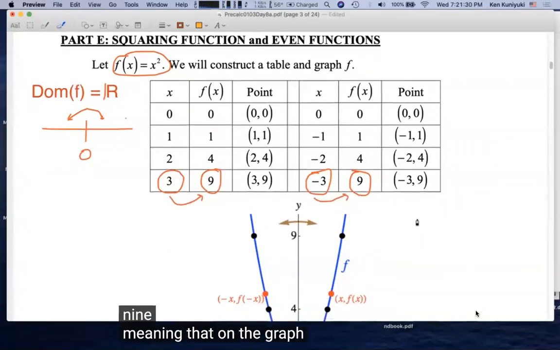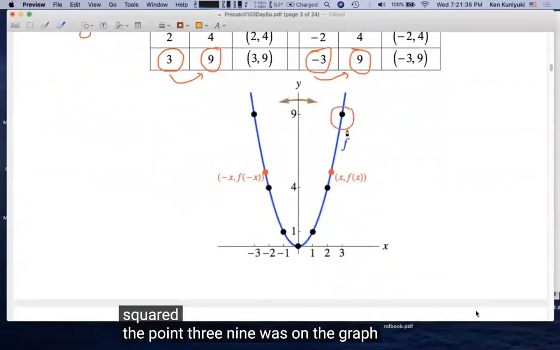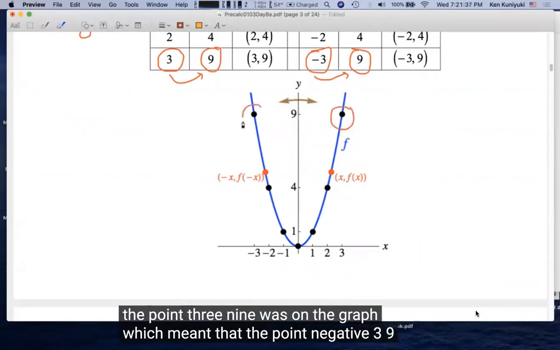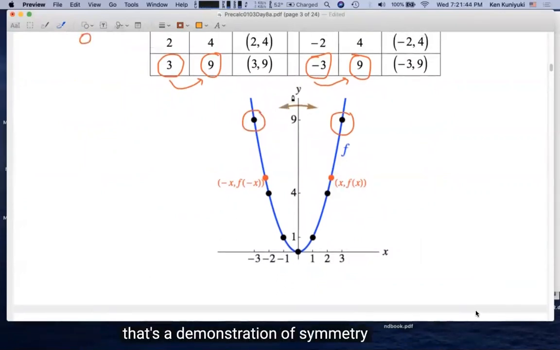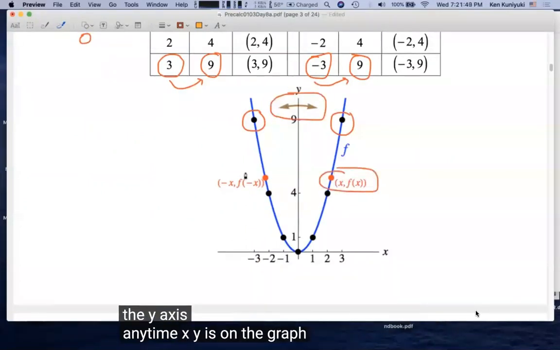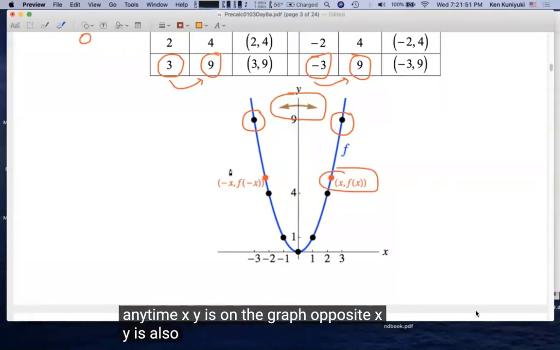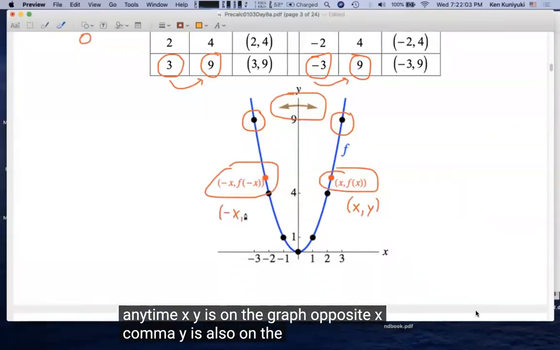Meaning that on the graph of y equals x squared, the point (3, 9) was on the graph, which meant that the point (-3, 9) was also on the graph, because f is an even function. That's a demonstration of symmetry about the y-axis. Anytime (x, y) is on the graph, (-x, y) is also on the graph.